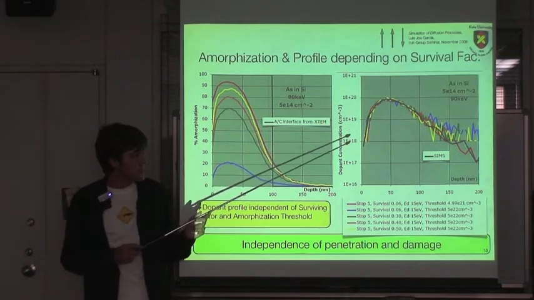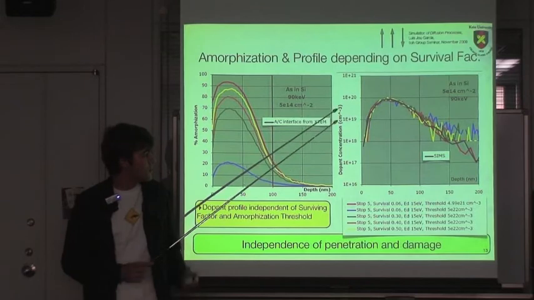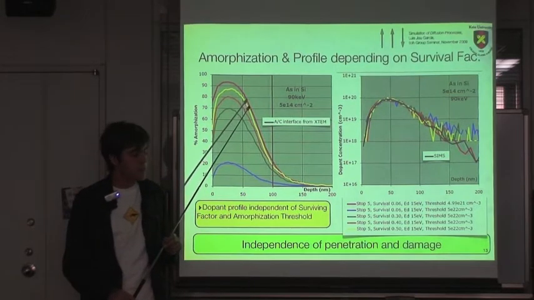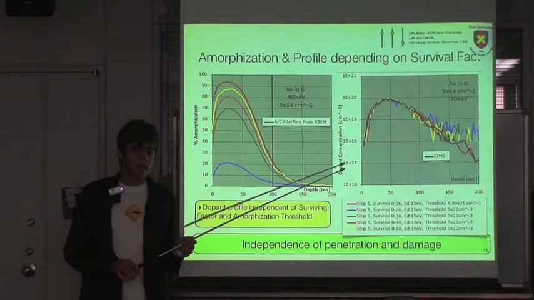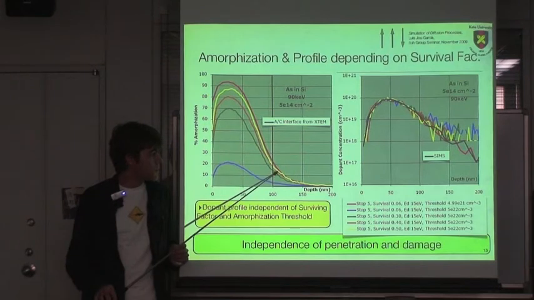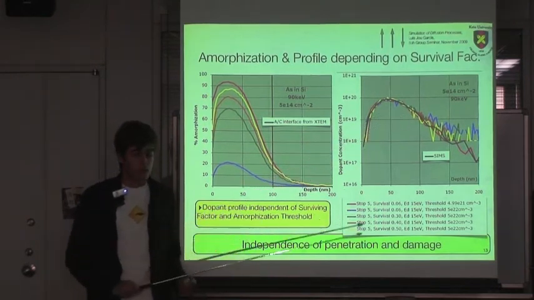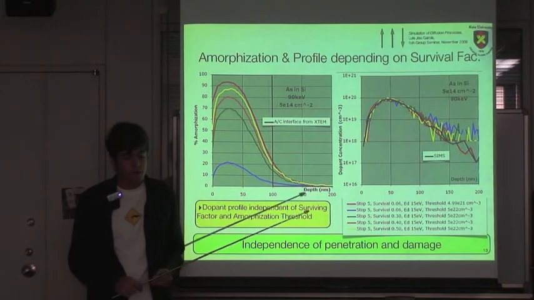And an important thing is that the dopant profile is almost independent of varying the survival factor. This is good because this allows us to change the amorphous profile without modifying the already fit dopant profile.